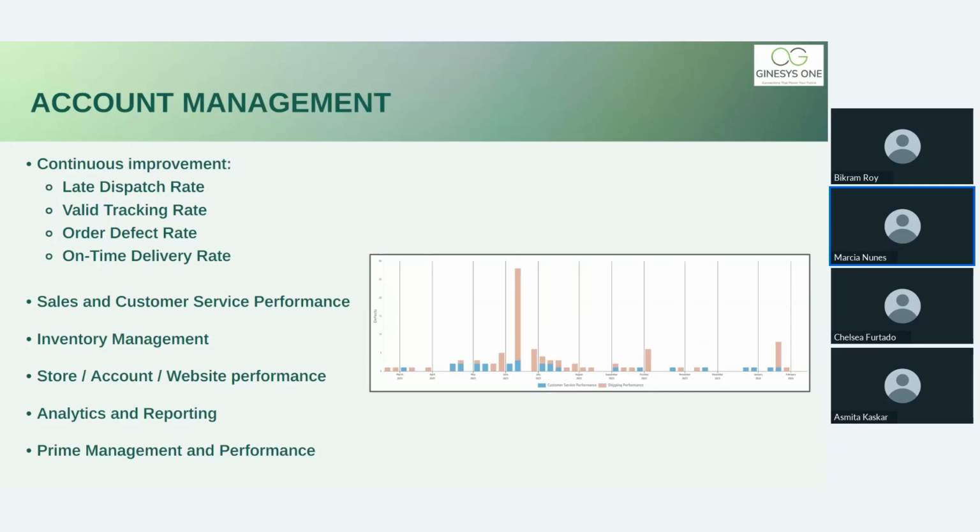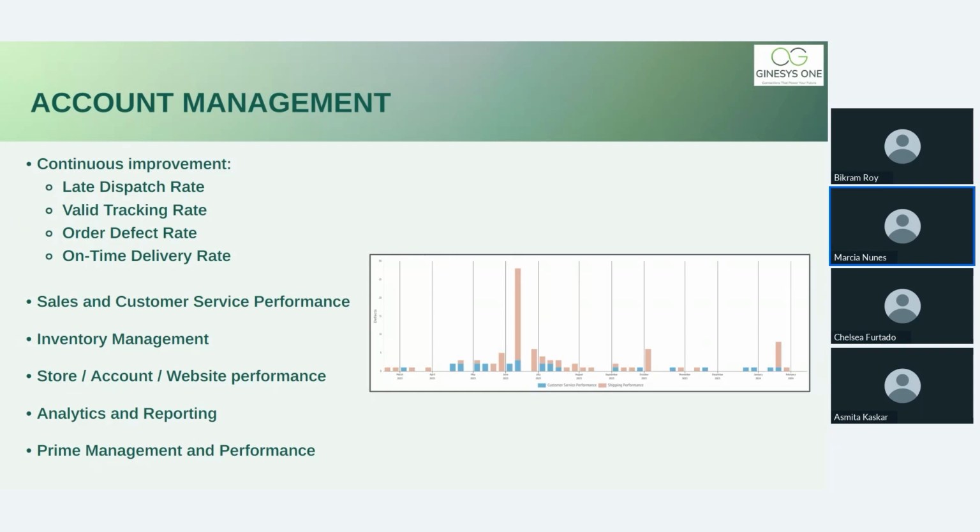The account management part. Continuous improvement is a must in e-commerce. Stay informed about the industry trends, best practices, and emerging technologies to stay competitive in the ever-evolving e-commerce landscape. Here, you need to track the late dispatch rate. All the orders have a timeline displayed to the seller, within which they have to process and ship the orders.